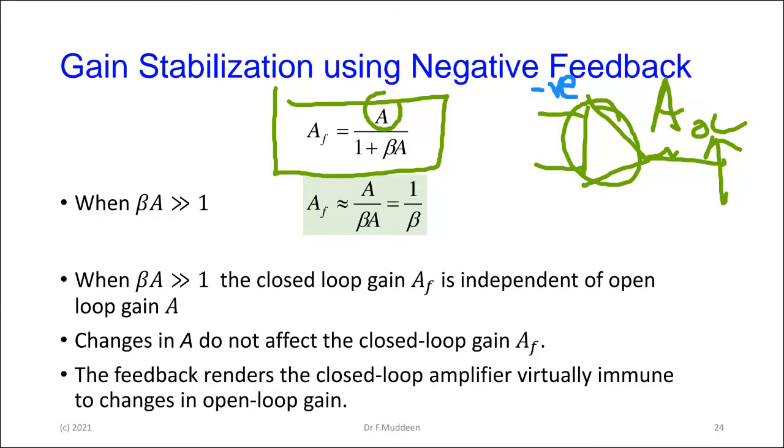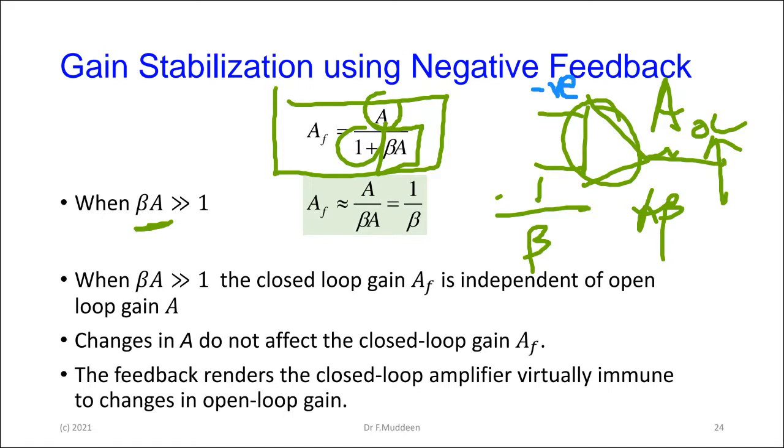And if it turns out that the loop gain, which we said was this beta by A, or sometimes you see it A by beta, right? If that is considerably greater than 1, then for all intents and purposes, that gain now becomes A over A beta. In other words, it translates into now 1 over beta.